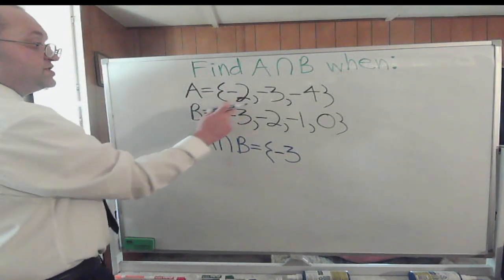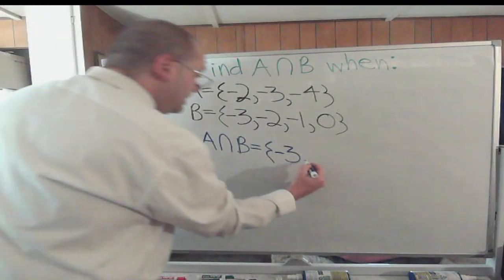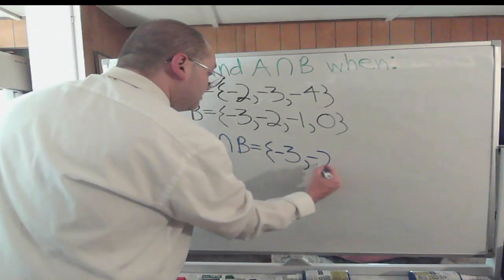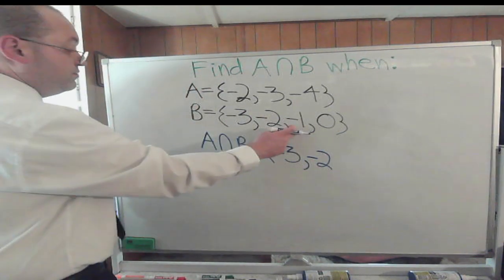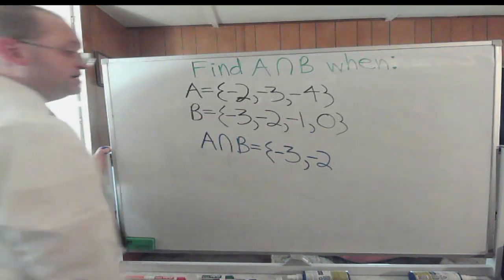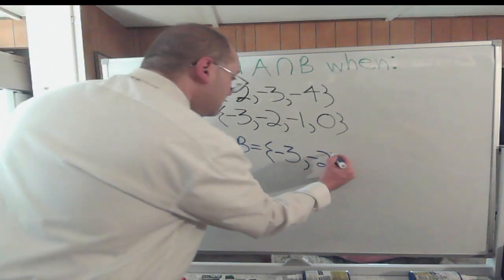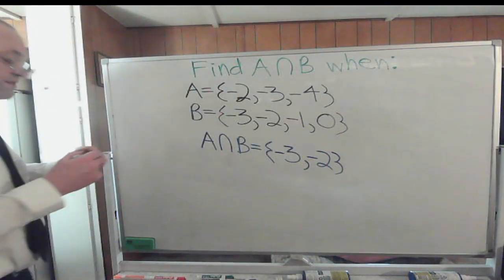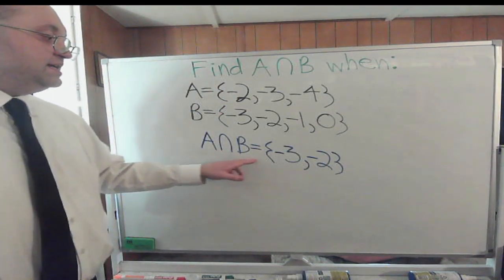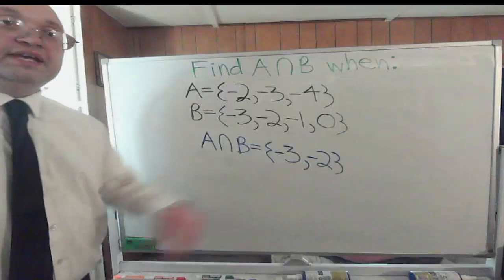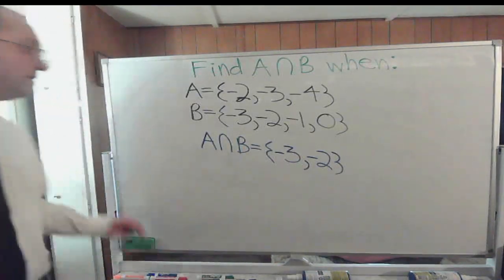How about -2? Yes, A and B both have a -2, so that'll be a member of the set. How about -1? Nope, that's only in B. Can't be a member. How about 0? Still only in B. It can't be a member. So your set for A in intersection with B is just a set of -3 and -2. That's all you would get.